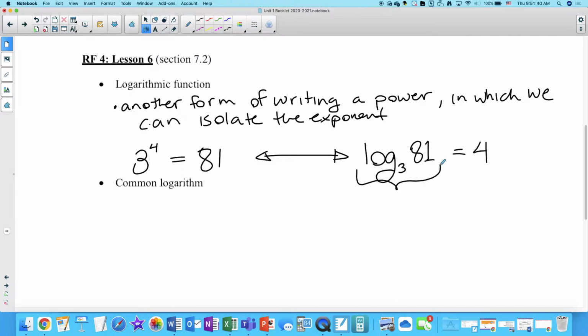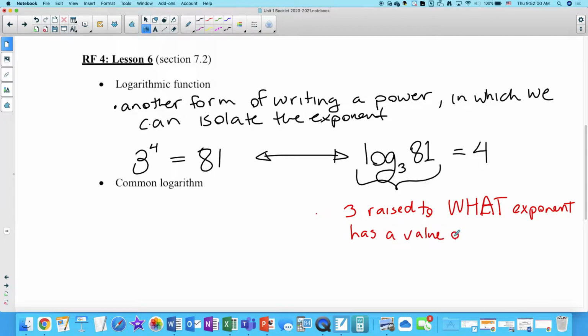You're solving 3 to the what equals 81. And we know 3 to the power 4 equals 81.